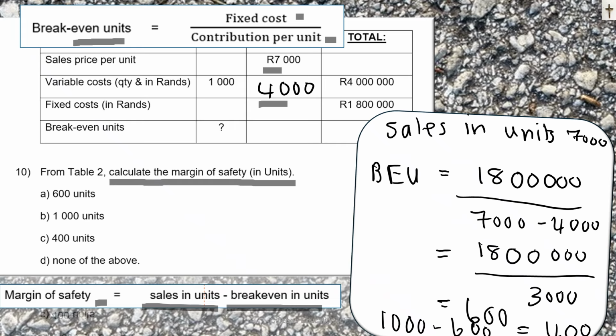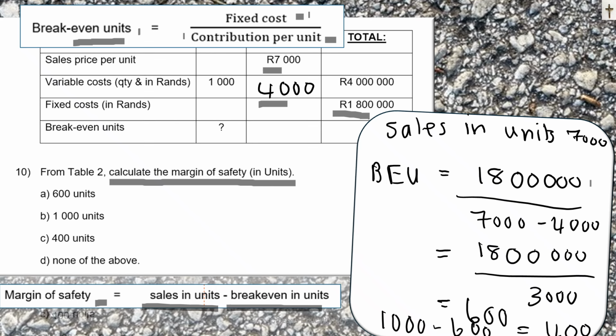So let's have a look at what we've got here. We first need to calculate the break-even in units. So break-even units is the fixed cost of 1.8 million divided by the contribution per unit.